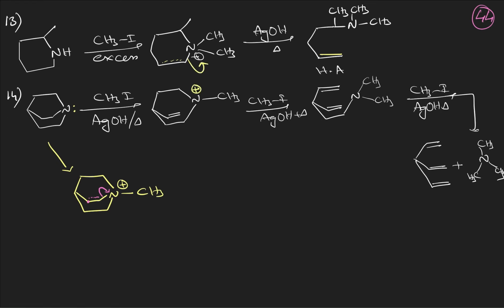The H plus ion should be removed here. So you got this product, and this product is again a tertiary amine, in presence of alkyl halide, again will form quaternary ammonium salt like this.